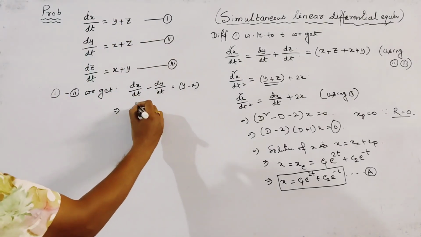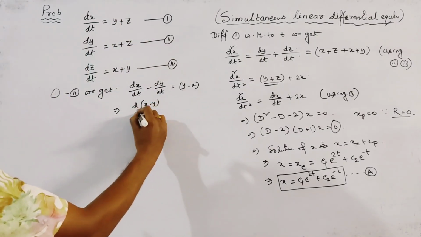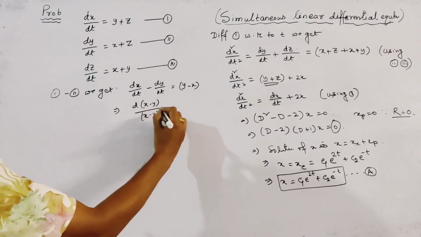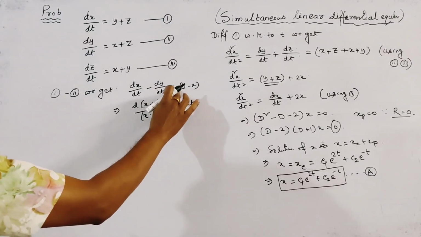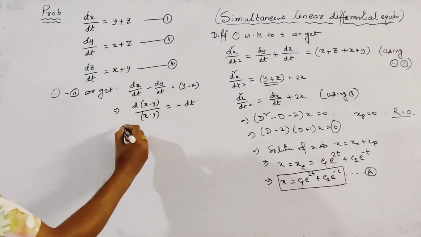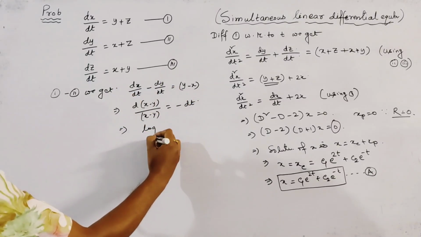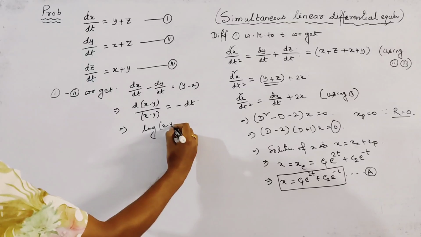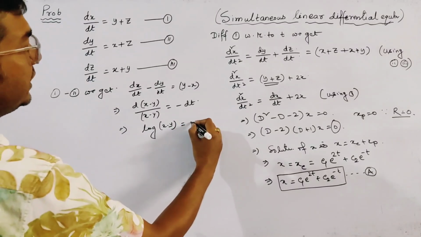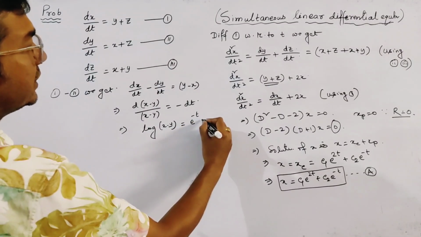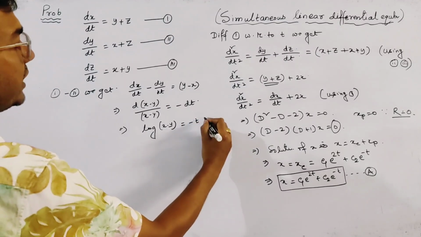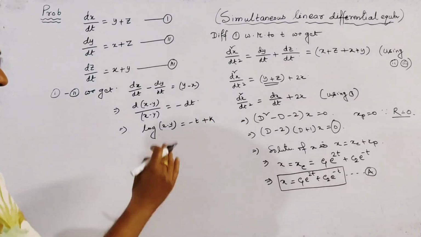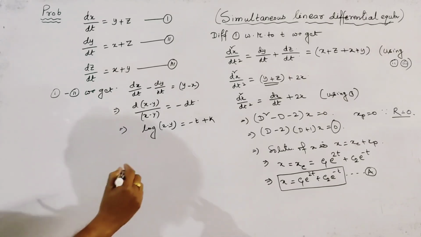So from here we get d(x minus y) by (x minus y) equal to minus dt, because we take minus common, and by integrating we get log of (x minus y) equal to minus t plus k. K is the integrating constant.